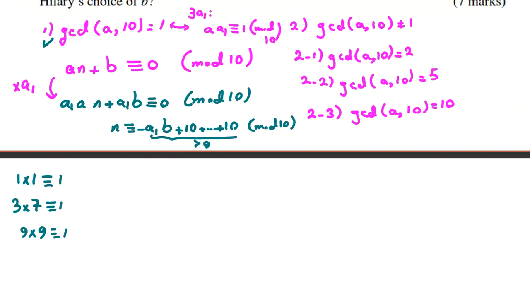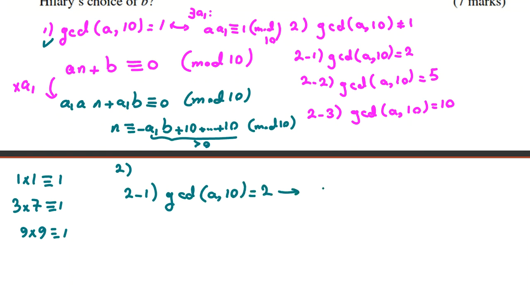Now we want to prove that for cases 2.1, 2.2, 2.3, Hillary can win the game. So she can select a good B. For 2.1, suppose the GCD of A and 10 is 2.